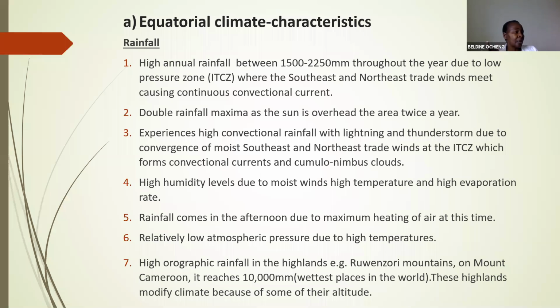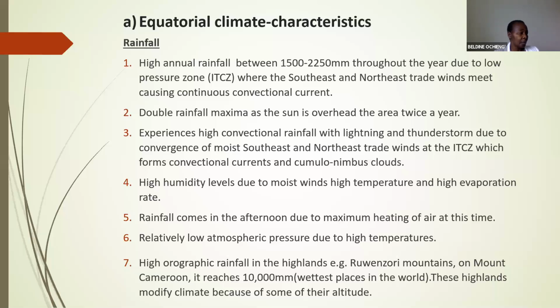Where they meet, we have convectional currents. So we have high annual rainfall. And when we talk of convectional currents, one point that comes to your mind is number 3, experiences high convectional rainfall with lightning and thunderstorm due to convergence of the moist winds.